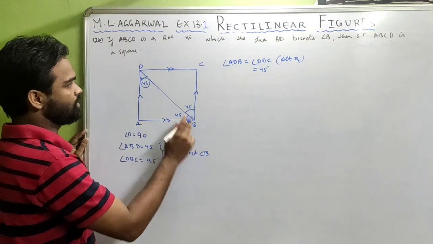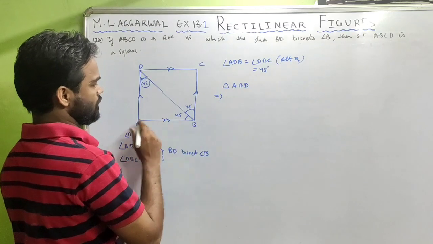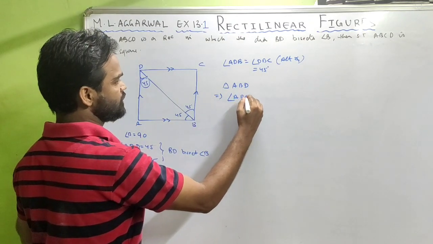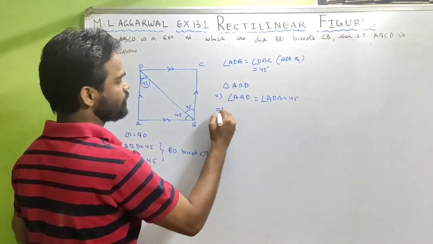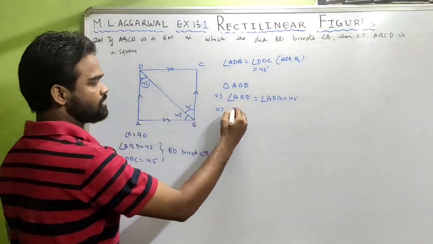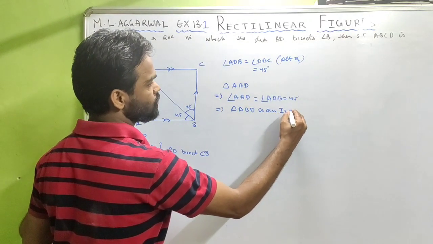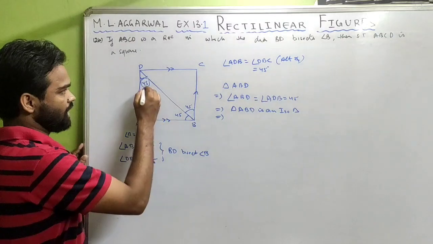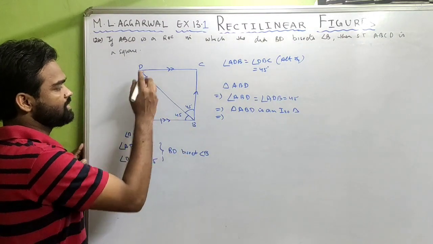Now look at triangle ABD. Angle ABD is equal to angle ADB is equal to 45, which means this is an isosceles triangle, which means side opposite to angle ADB is this and side opposite to ABD is this.